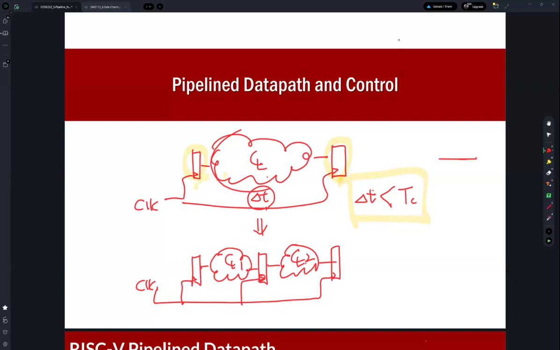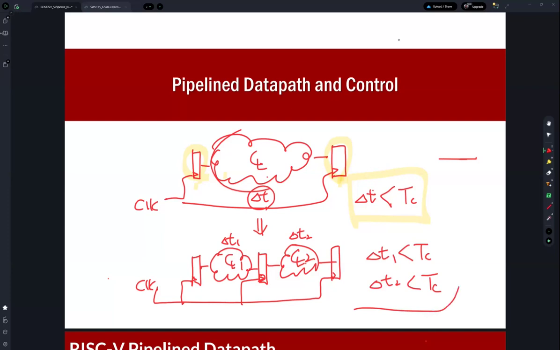So in this case, let us assume this is delta T1 and then delta T2. So TC, the clock period, needs to be larger than the delta T1 and delta T2, right? Because you can just design this digital system like this, right?